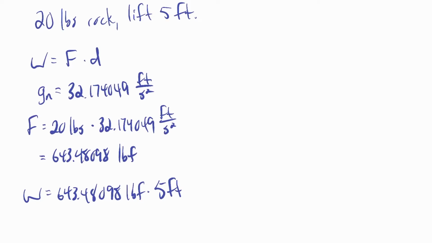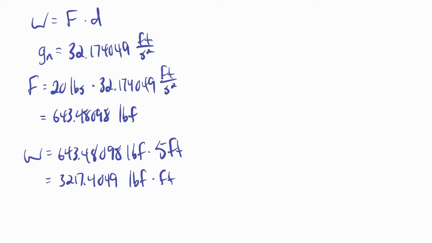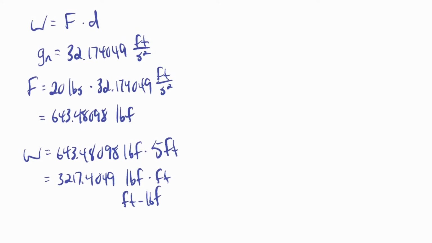Okay, so that number I had times 5 gives me 3217.4049 pounds force times feet, which is often referred to as foot-pounds force, the standard American measurement of work. So that's moving a single object a fixed amount of distance, okay?